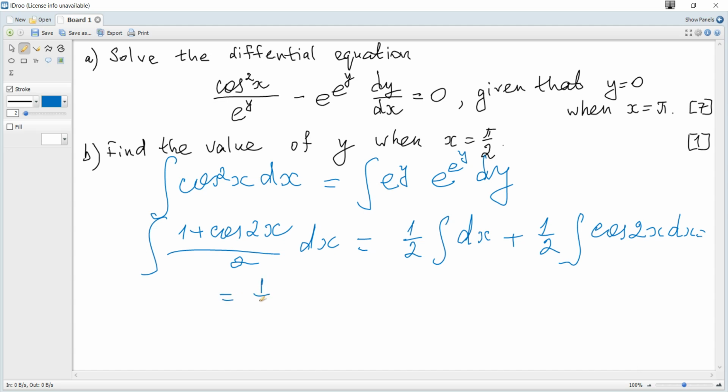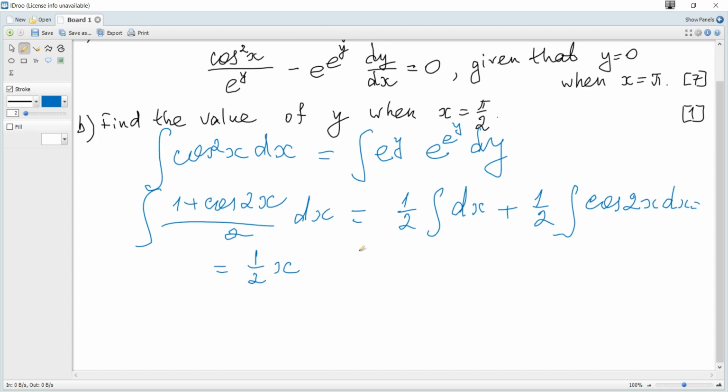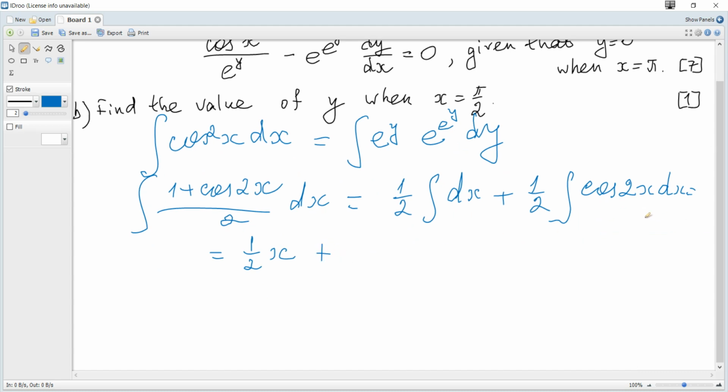which is just a half x, plus integral of cosine, it's a sine, but of 2x. In general, it's substitution u to be 2x, but if it's a function of ax plus b, we apply the formula given in the data booklet, but just 1 over a arises in front.